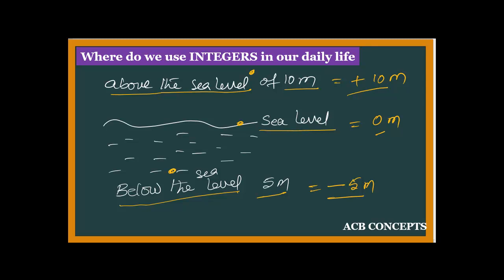Positive numbers, negative numbers and 0 are called integers. Integers are nothing but positive numbers, negative numbers and 0.